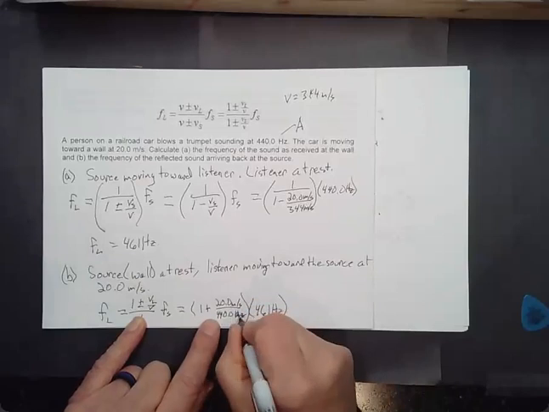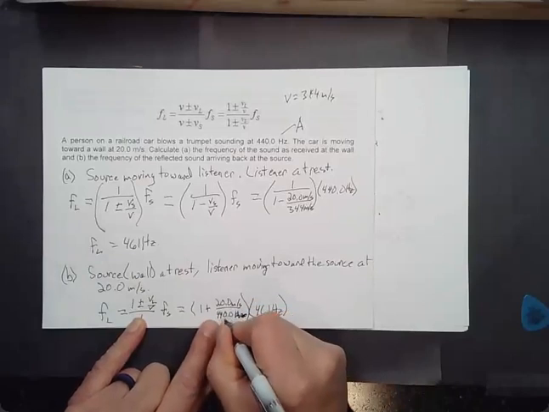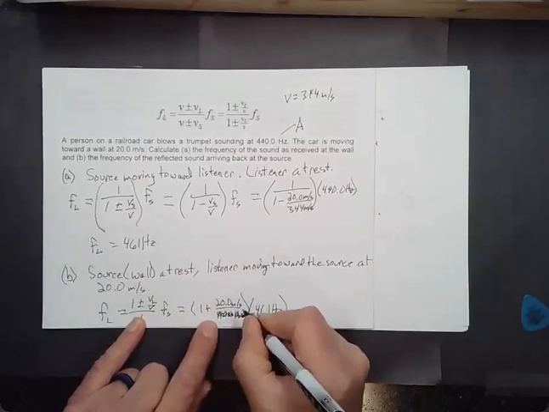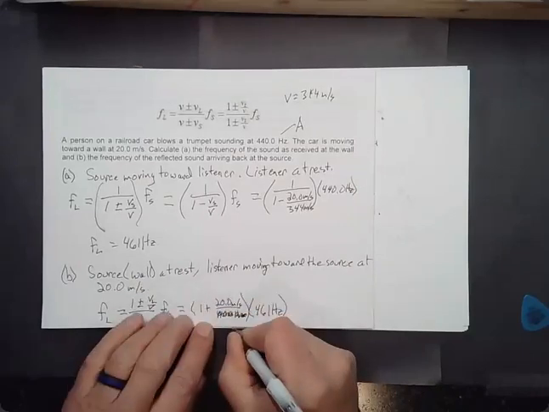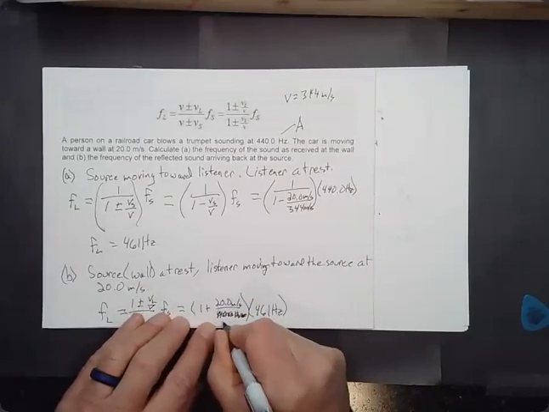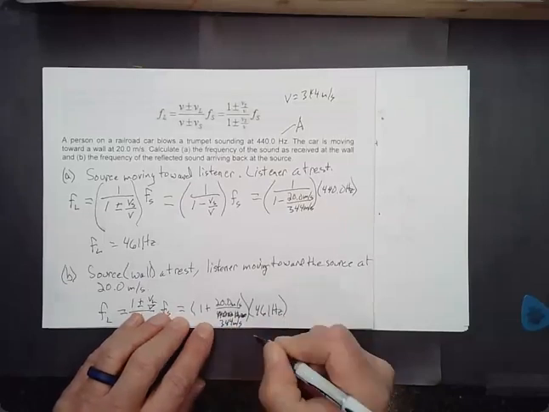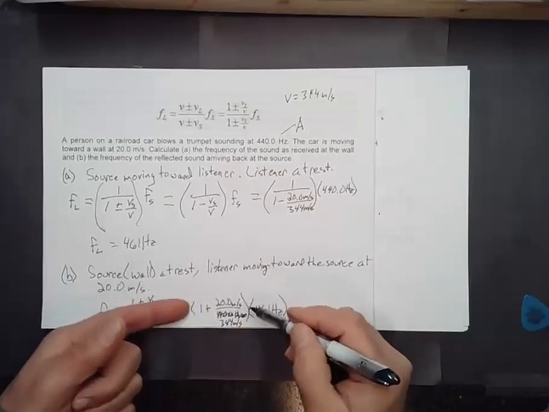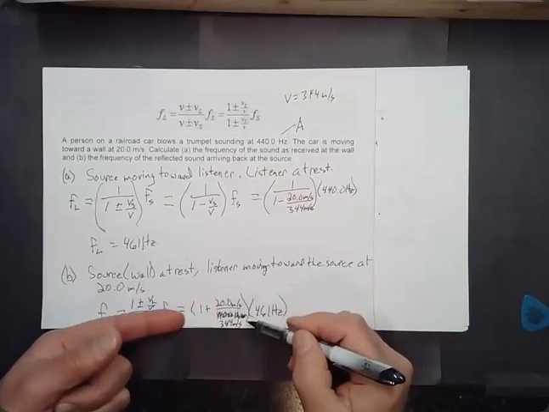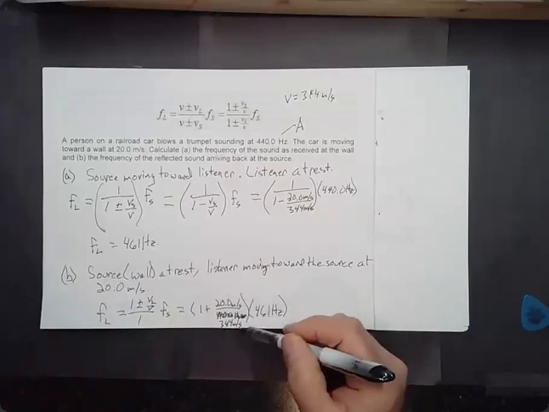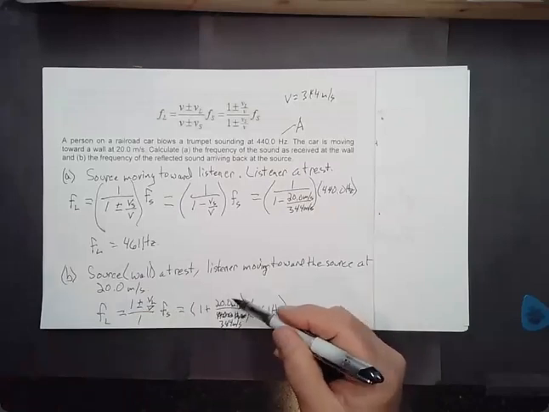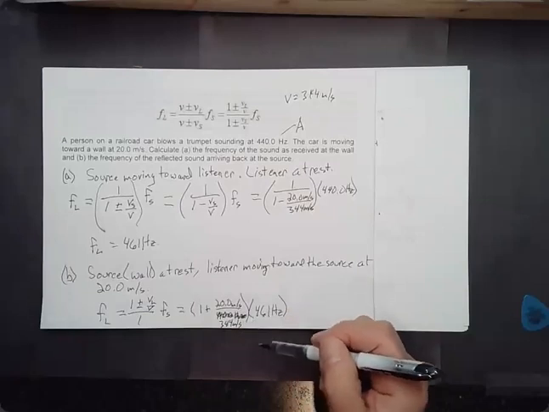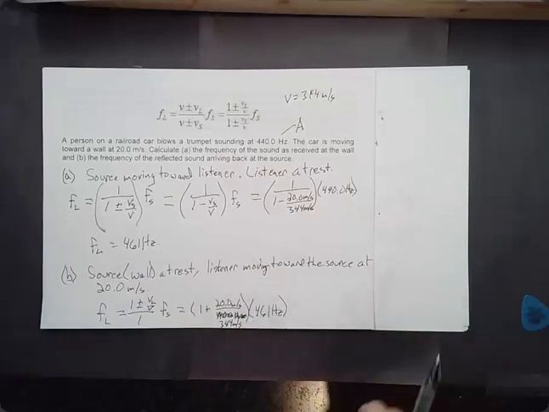Oh, yeah, what am I doing? Good grief. On the bottom of that I've got the speed of sound, which is 344 meters per second. The way I caught that was by looking at my units, and I knew that inside these parentheses had to be dimensionless. And so I had something there with units of hertz, which wouldn't divide out with meters per second. So that's why I write down units everywhere, because they catch mistakes.